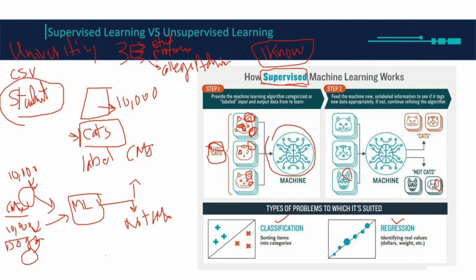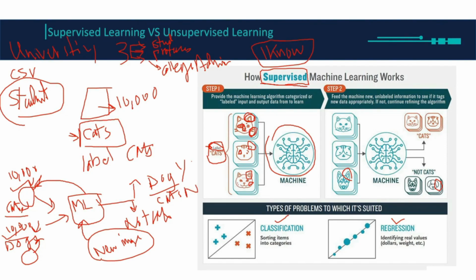Then I'm going to find a random image of a dog which is not included in either folder. Let's say this is a new image from Google, I just downloaded it. I'm going to give this new image to the machine learning algorithm, and according to the training it got from these two folders, it is going to classify for me whether the new image is a dog or cat.